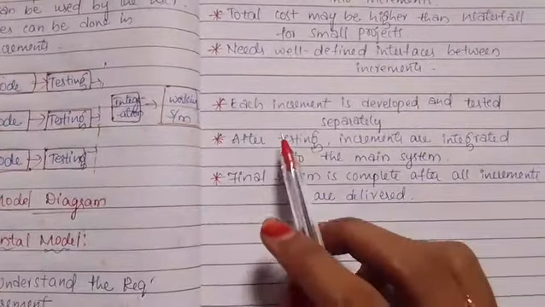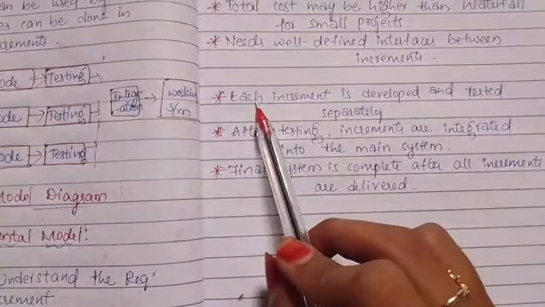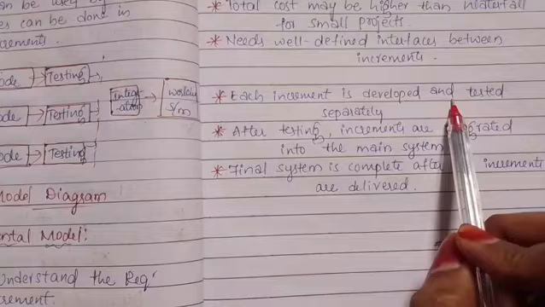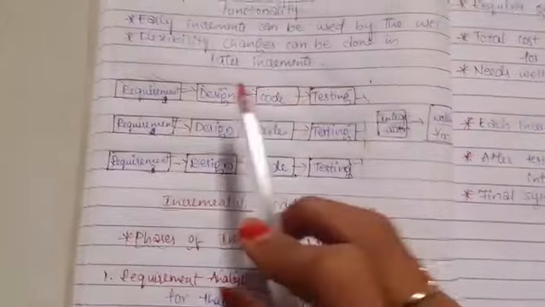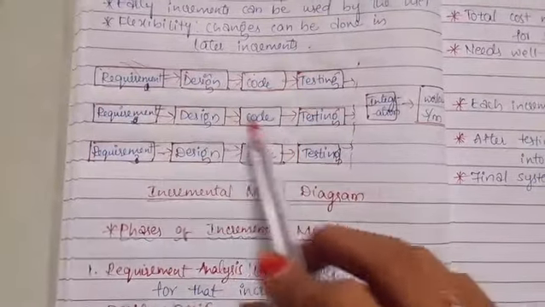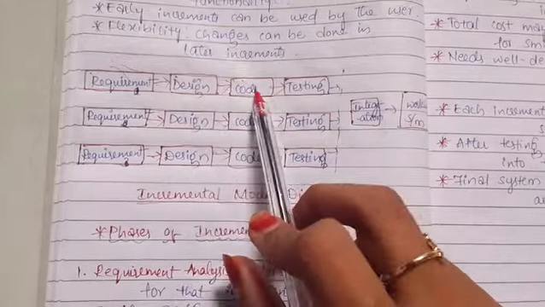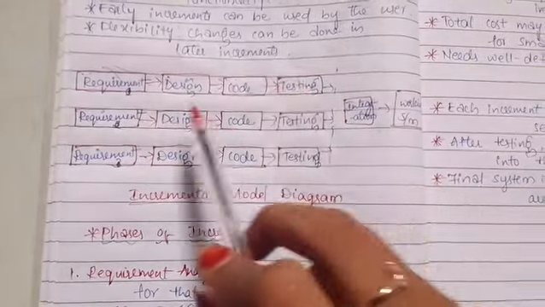And here we have some more points in this incremental model. Each increment is developed and tested separately. You can see in the diagram that each increment is developed here and tested separately.